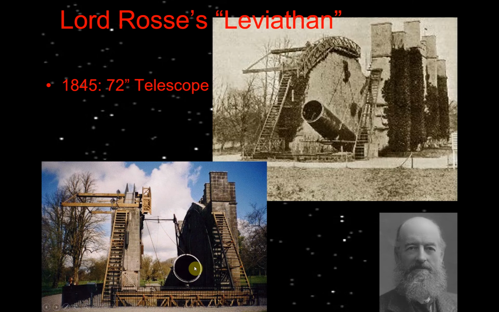And while observing, Lord Rosse would have to pick up this telescope and sit in a basket up here to look through the side of this, through the eyepiece. By pick up, I mean they would have to actually manipulate this complicated series of wires and masses and blocks and weights to actually lift this telescope up.